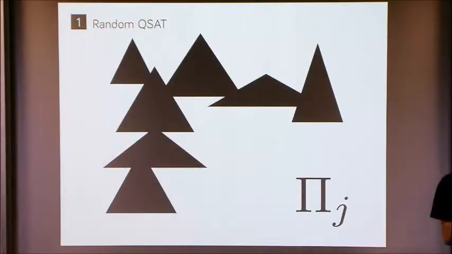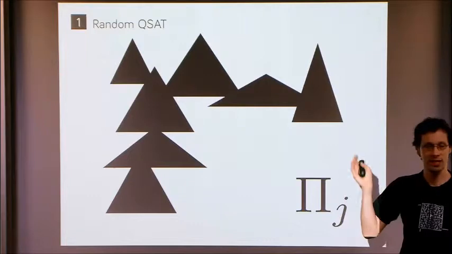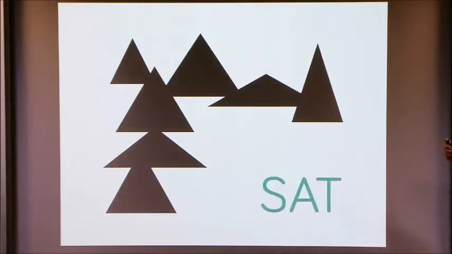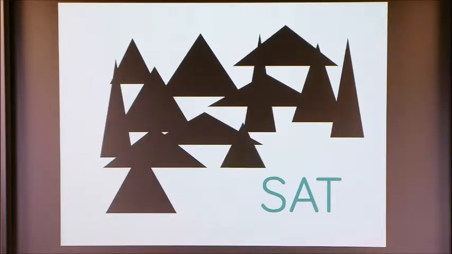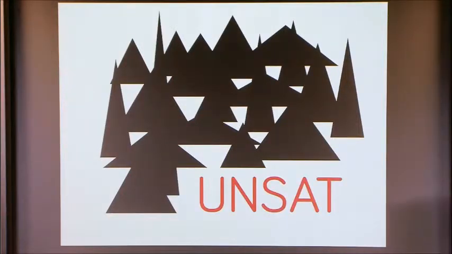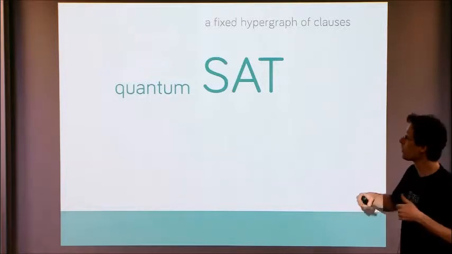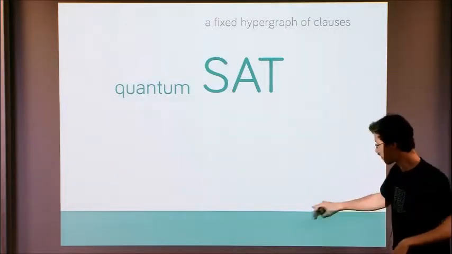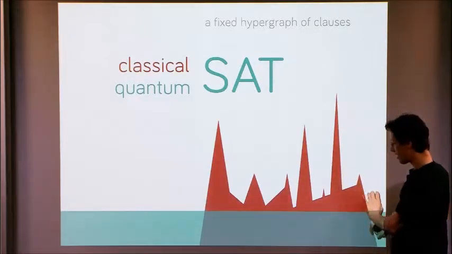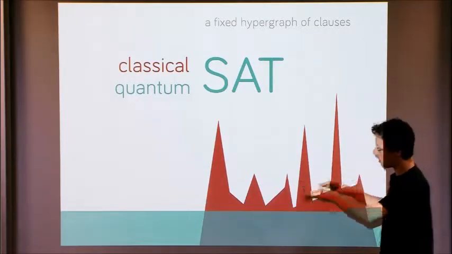Another question that we can look at is random quantum SAT. So just like classically, we can look at random instances of satisfiability. If we don't have many conditions, the instance will be satisfiable. And you can put in more and more projectors, and suddenly the instance becomes unsatisfiable. And what we have realized is that when you have quantum SAT, this is the number of solutions, there are definitely parts that are like classical instances and quantum instances.